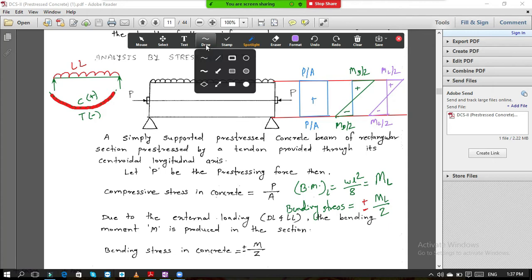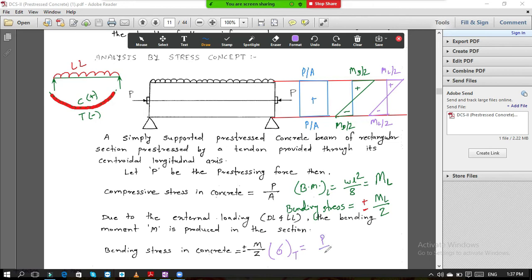Okay. Now if I want to calculate the total stress, total maximum stress, sigma max. Total stress at top. So if I want to calculate the stress at top, sigma T, what will be the stress at top? Direct stress P by A, which is always positive.